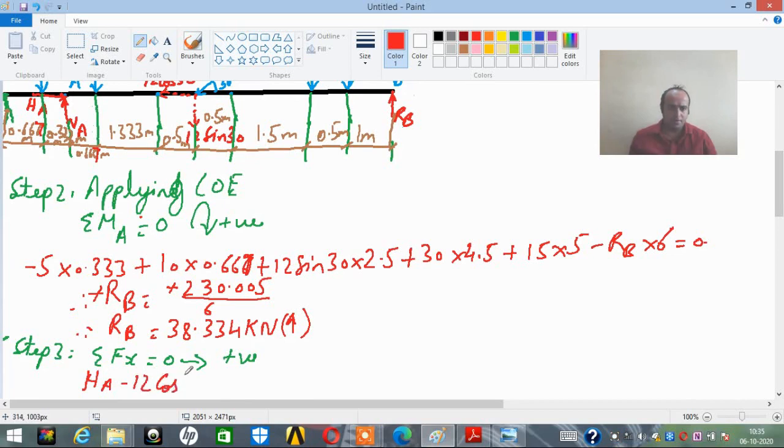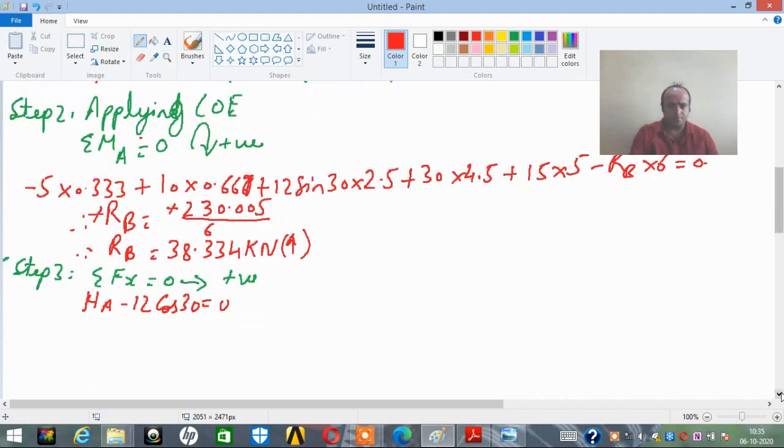Therefore, HA is equal to 12 cos 30, which is 10.392. So it will be 10.392 kilonewton. Yes, it will be acting towards right as per our assumption. This is coming out to be correct.